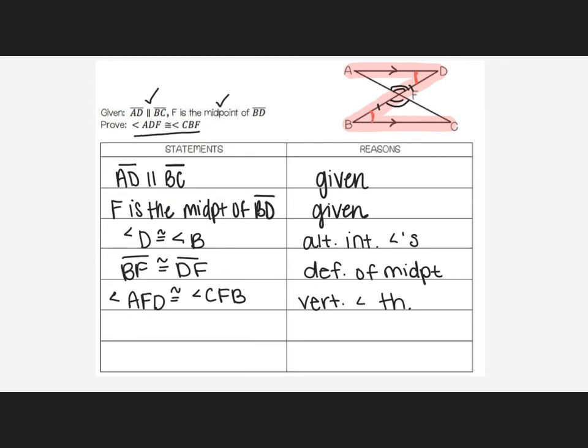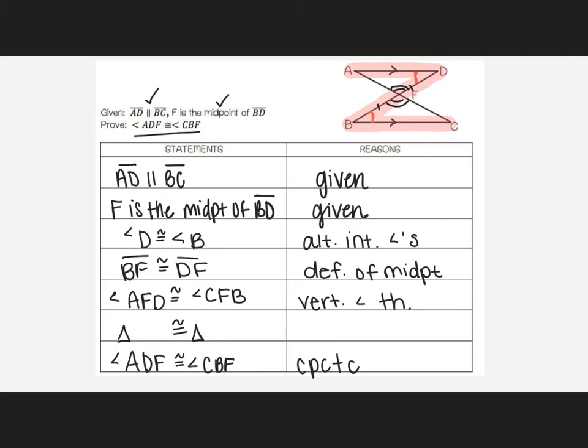If you look at what they're asking you to prove, that angle ADF is congruent to angle CBF, which means this last line is going to be corresponding parts of congruent triangles are congruent. Anytime you're using CPCTC, you have to show that the triangles are congruent first.